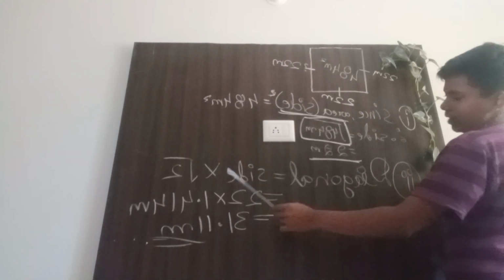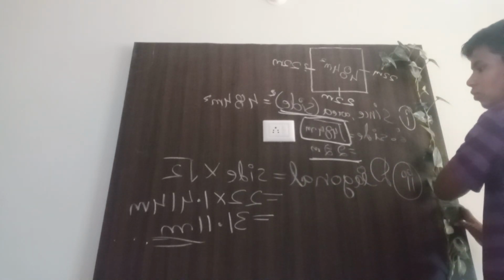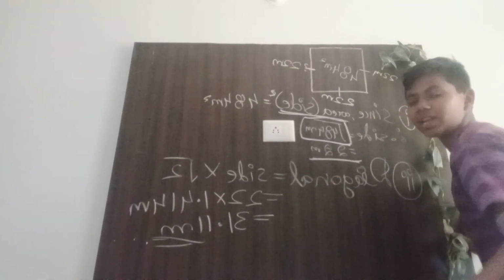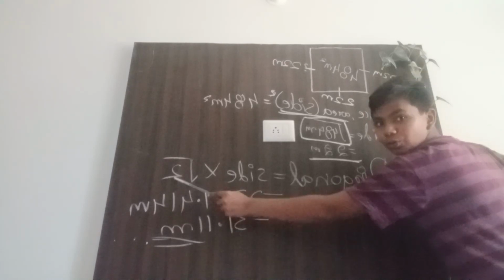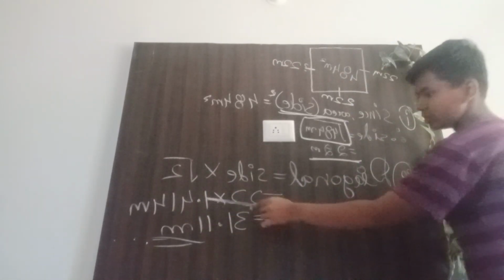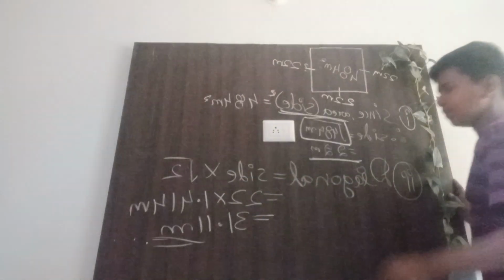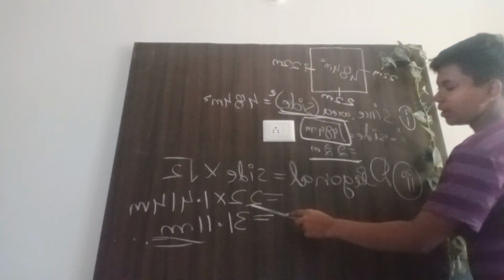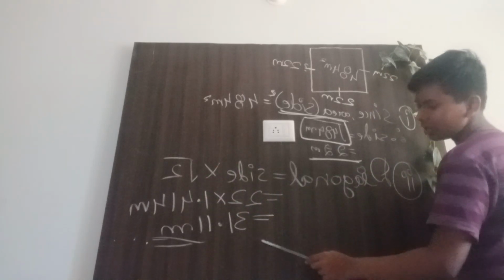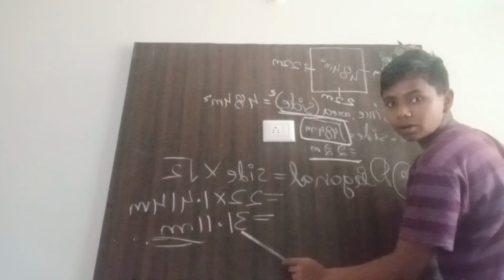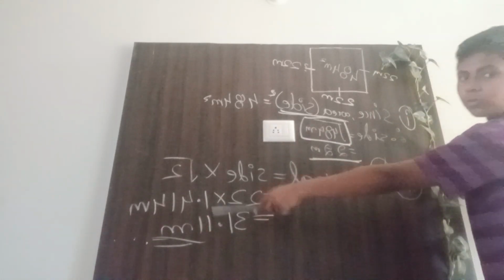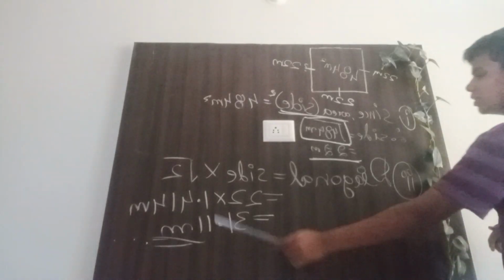So we write 22 meter into 1.414, because the value of root 2 is 1.414. If you want to check, go check. If we multiply 22 into 1.414, it will give us 31.11 meter. So this is the answer.